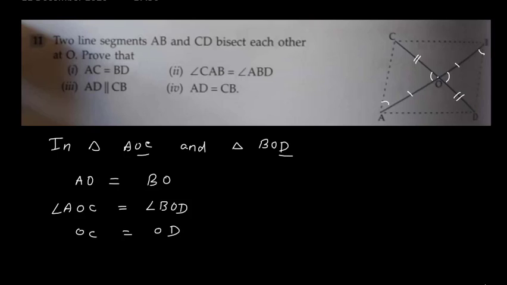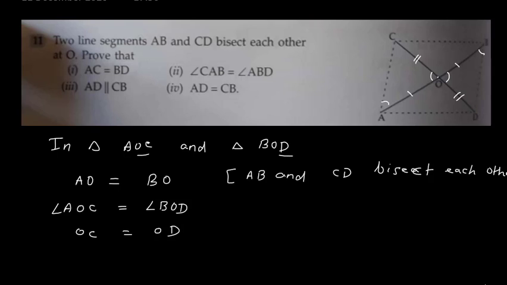Okay. For this, you can say the reason. What reason can you give? Here, you can say that AB and CD bisect each other. So simple, AB and CD bisect each other, right?